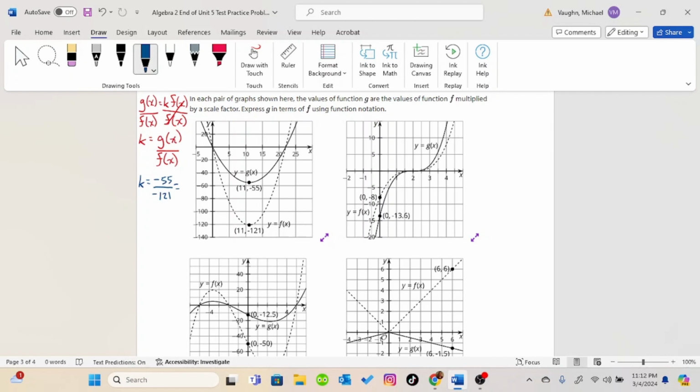This can be simplified by dividing the top and the bottom by negative 11, and this becomes 5 over 11. So to express this in function notation, we would say g of x equals 5 over 11 times f of x.